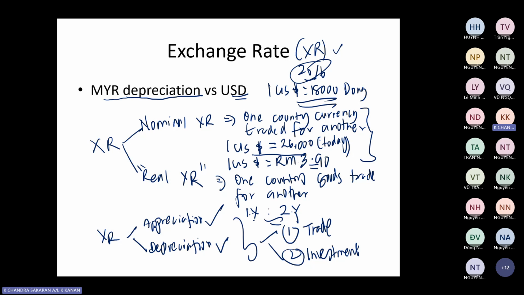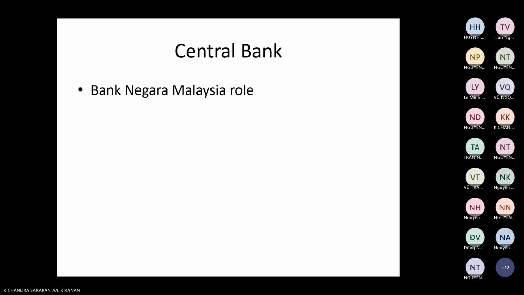During expansionary, what happens to all this? During contractionary, what happens? So when the central bank makes changes to the tools, these are the variables that will be affected by the monetary policy. Okay, clear? Yes, clear.